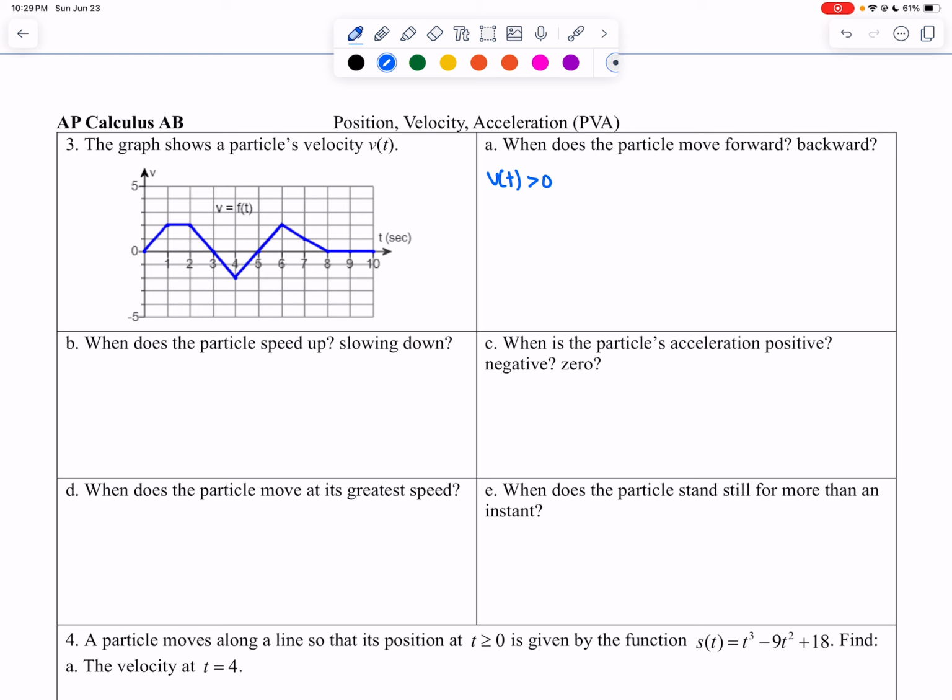In this case, my velocity is positive from 0 to 3, and then 5 to 8. So that's forwards. Now, if I'm going backwards, that means that my velocity is negative. So that's going to be from 3 to 5.